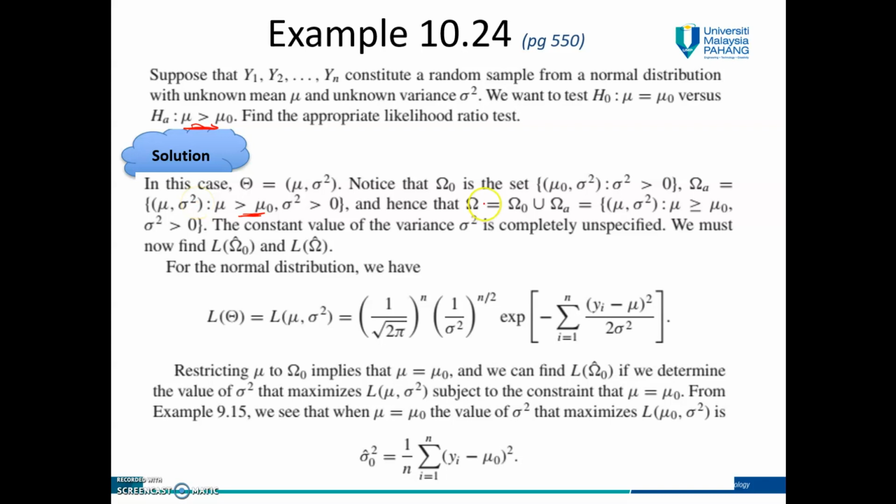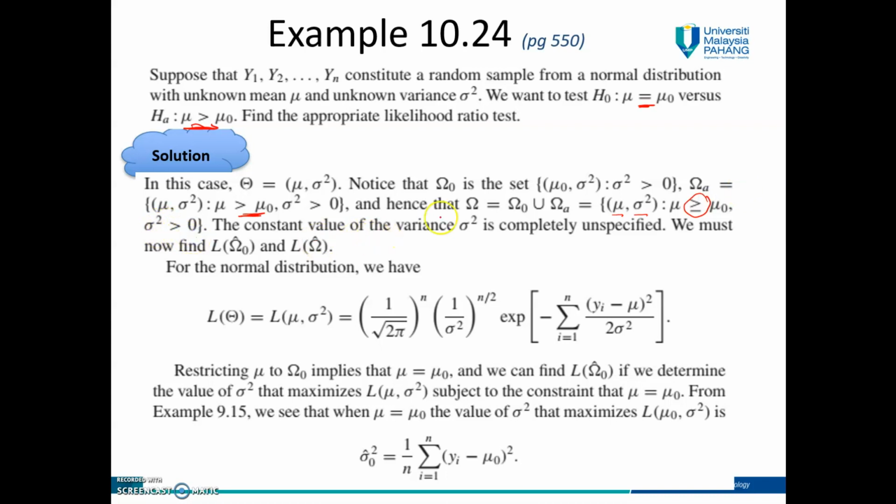Hence the general omega is omega naught union omega alternative, which has the same parameters, mu and sigma square, with mu greater than or equal to mu naught, because this one has equality and this one is without equality, but you can combine them like this, and here sigma square is greater than 0.